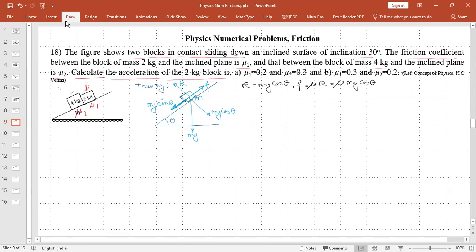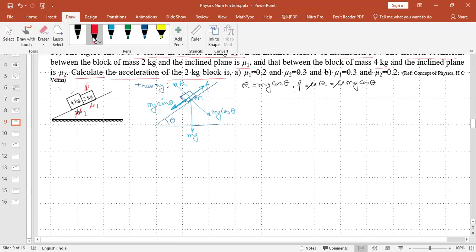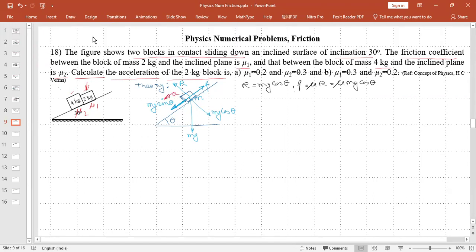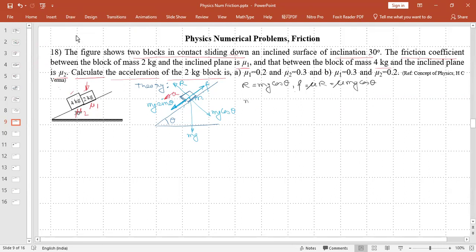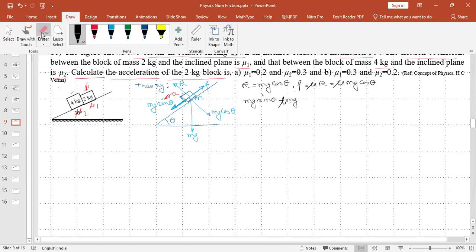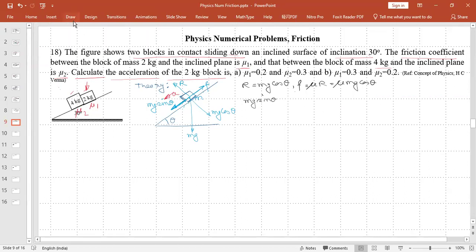Now, if this body is trying to move down with an acceleration A, then using the force equilibrium equations, you can write that downward force mg sine theta, minus the opposing upward frictional force, which is minus mu mg cos theta, will be equal to mass into acceleration.